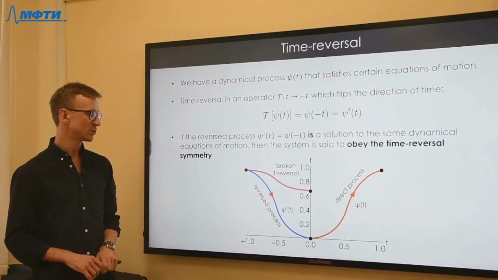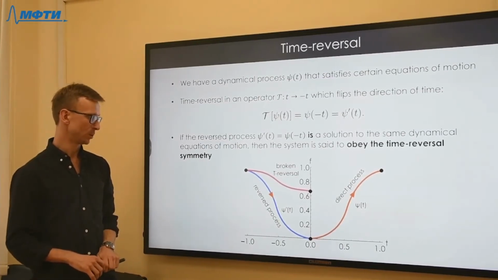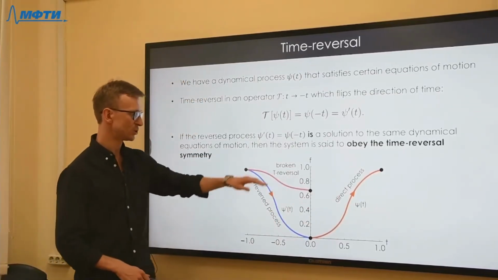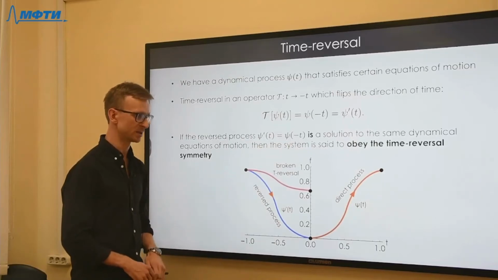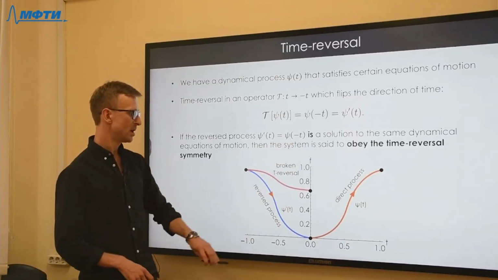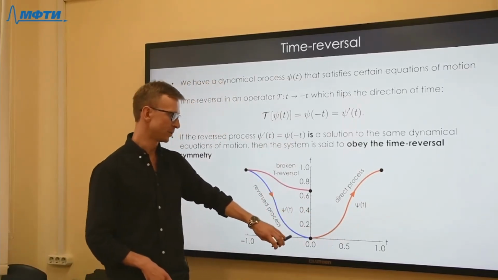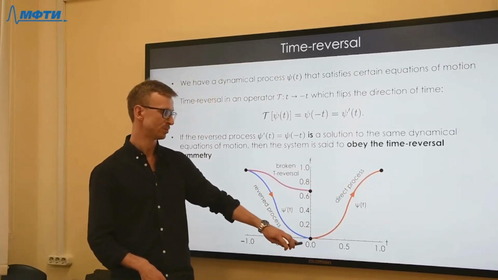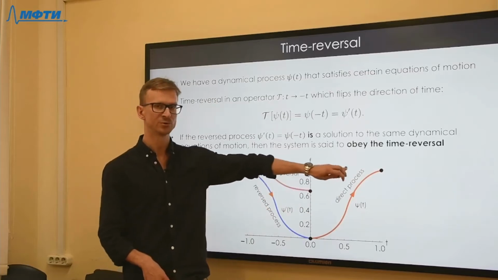And we can visualize it graphically in the following way. We have the time, and we have some scalar process which is measured on the y-axis. Let's say it's real valued for simplicity. We have the time that flows in the positive direction, and we have the original process psi, which we call the direct process.